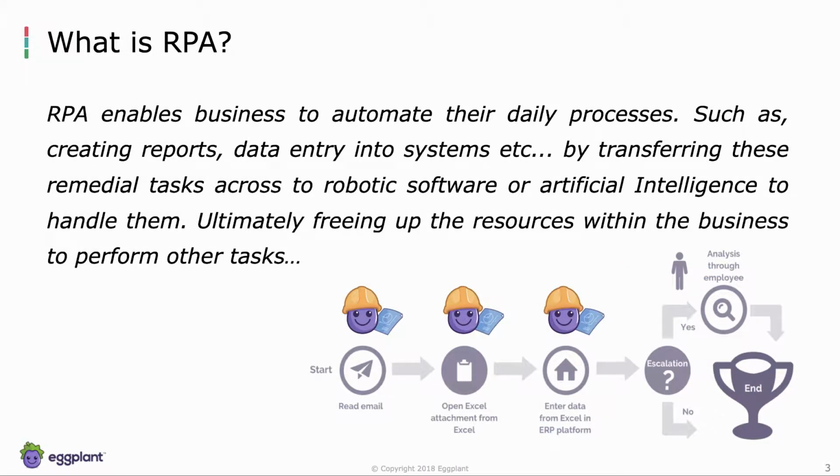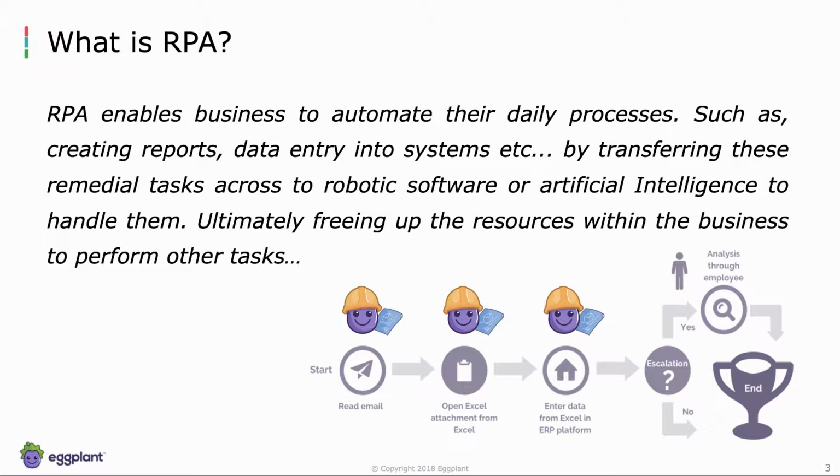So, what is RPA itself? Well, the process of RPA enables users, people, businesses in everyday work life to free up their time by transferring any kind of repetitive tasks across to machines.